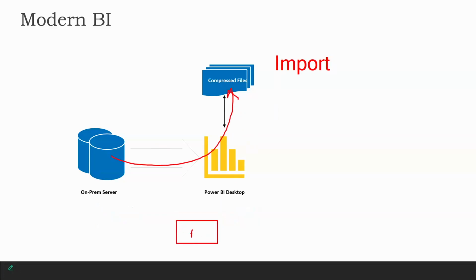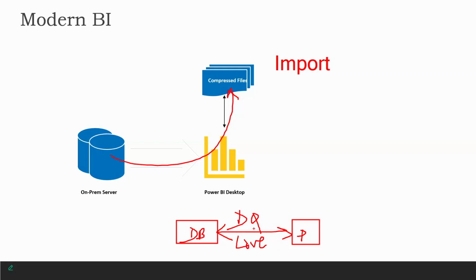Now you can also have your dataset or database here. You can also have Power BI here. And if you connect to this live, if you go directly, this is called a live connection. You can also set up a live connection, or this is called a direct query in Power BI. Okay, direct query. I'm just writing it short.